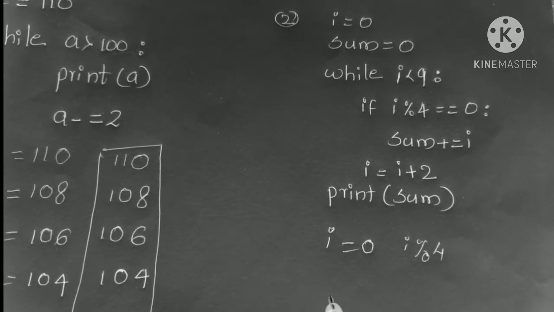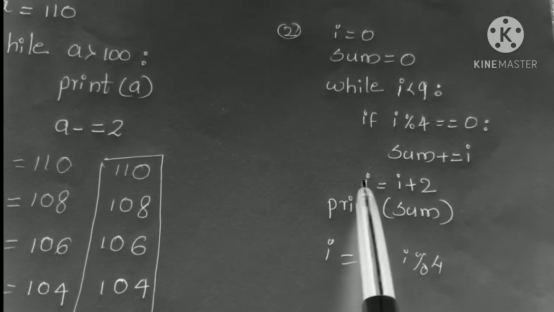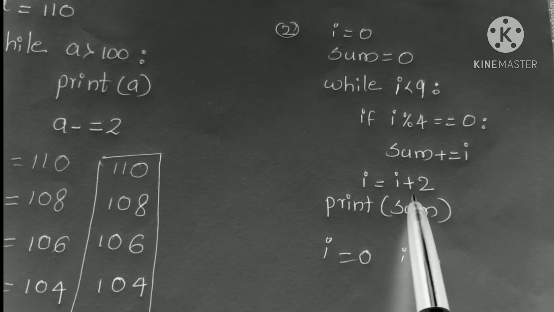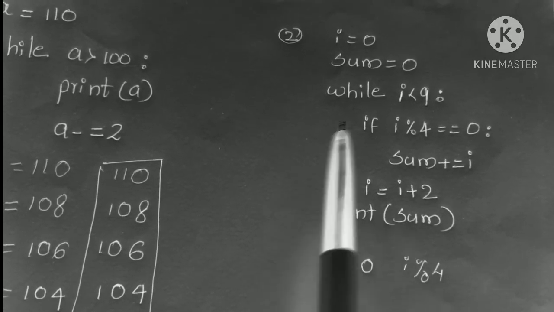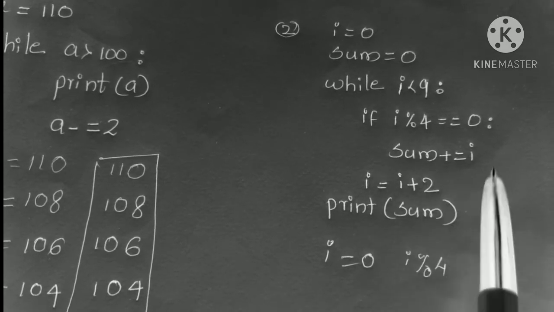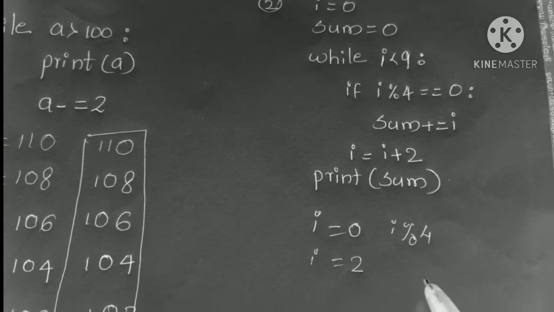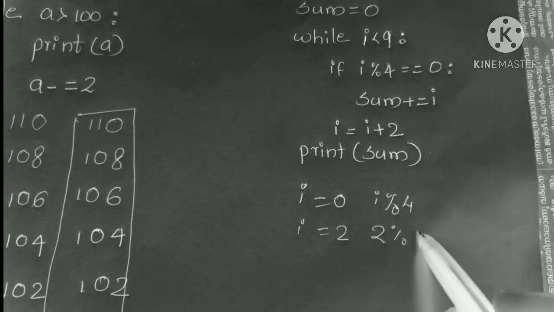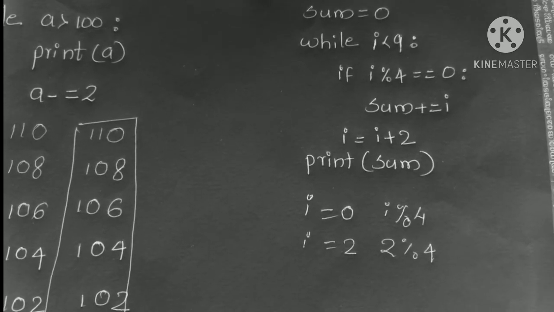On next iteration, I is equal to I plus 2, then I becomes 2. Then 2 mod 4 will be checked, which is also not equal to 0.